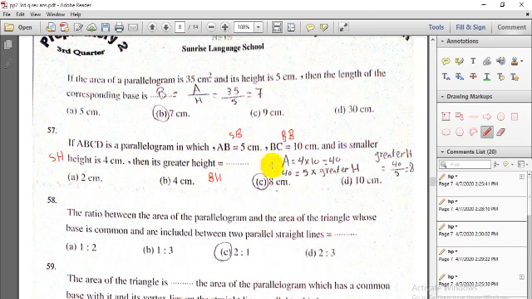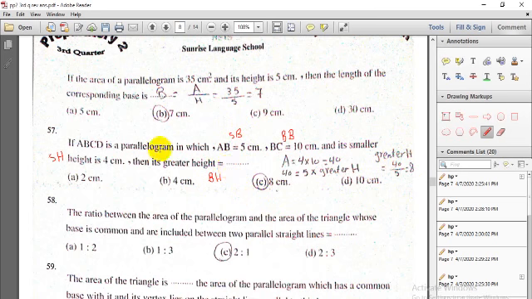So 40 equals 5, which is the small base, times the biggest height that I don't know. So the greatest height equals 40 over 5, which is 8. Very good.